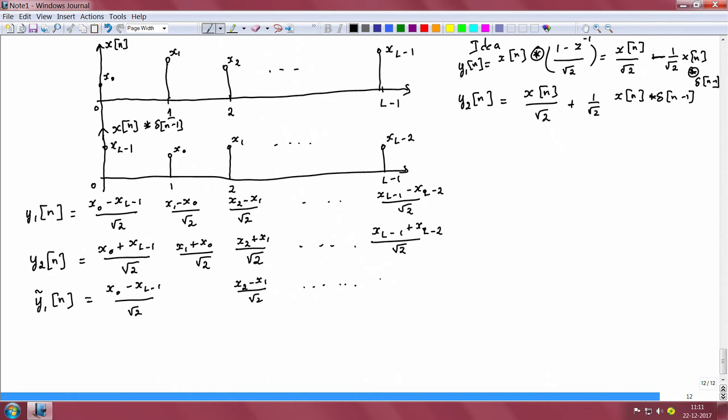The last one that will be left here would be either x L minus 1 minus x L minus 2 by root 2 if L is odd, or the previous one, which is x L minus 2 minus x L minus 3 by root 2 if L is even.